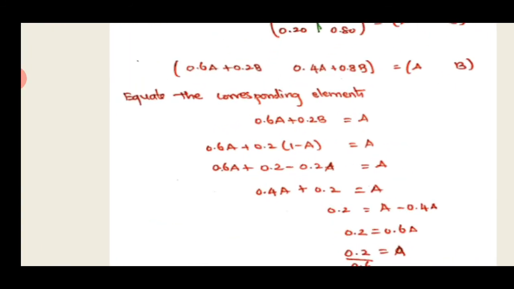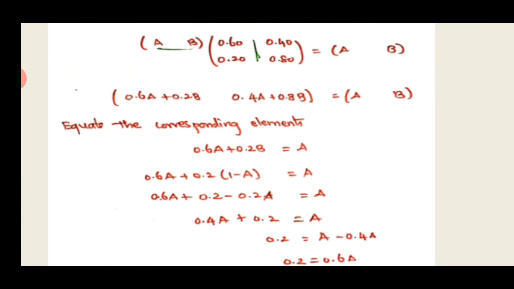Both matrices are equal, so I can equate the corresponding elements. The left side, first element is 0.6A plus 0.2B, and the right side, first element is A, so I equate them.